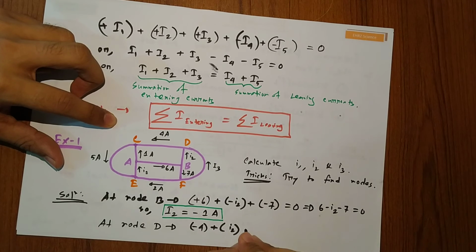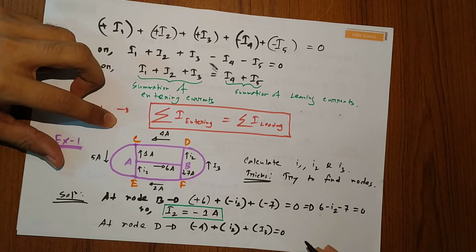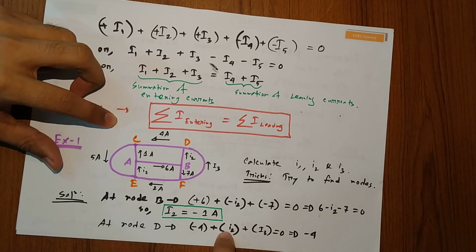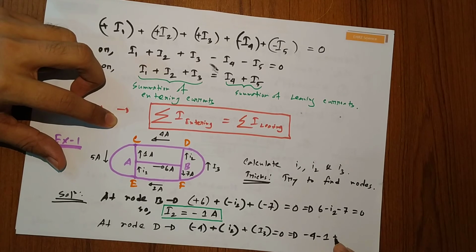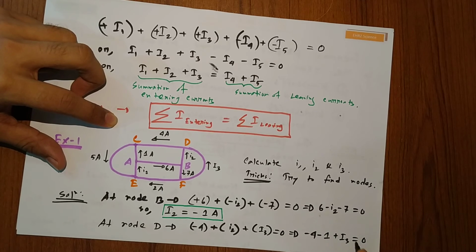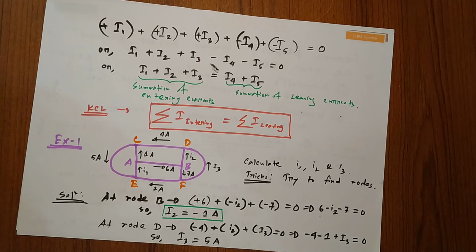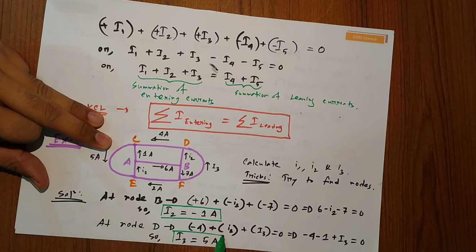Similarly, I3 current is also entering the node, so plus I3 is equal to 0. Minus 4, and we know the value of I2 is minus 1, so this positive multiplied with negative will give you a negative number, so minus 4 minus 1 plus I3 is equal to 0. So I3 is equal to 5 ampere. We have calculated another unknown.